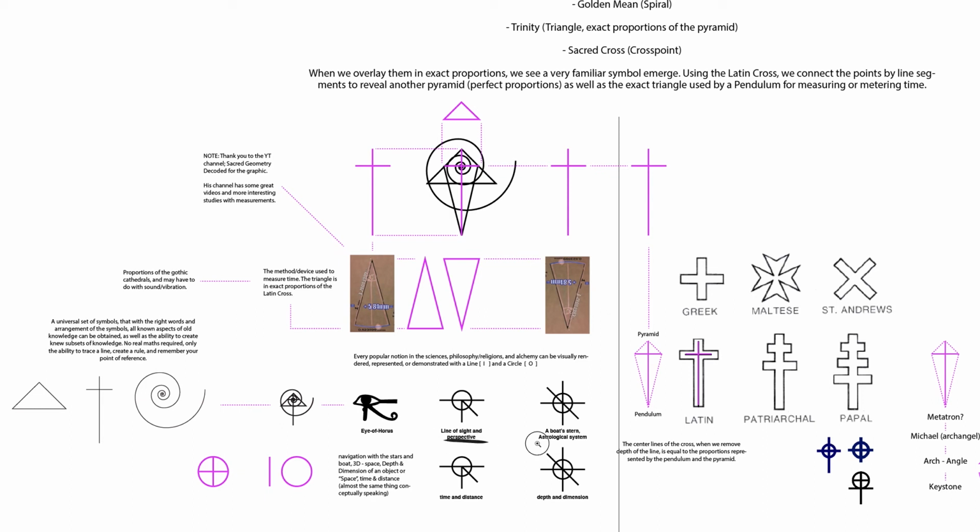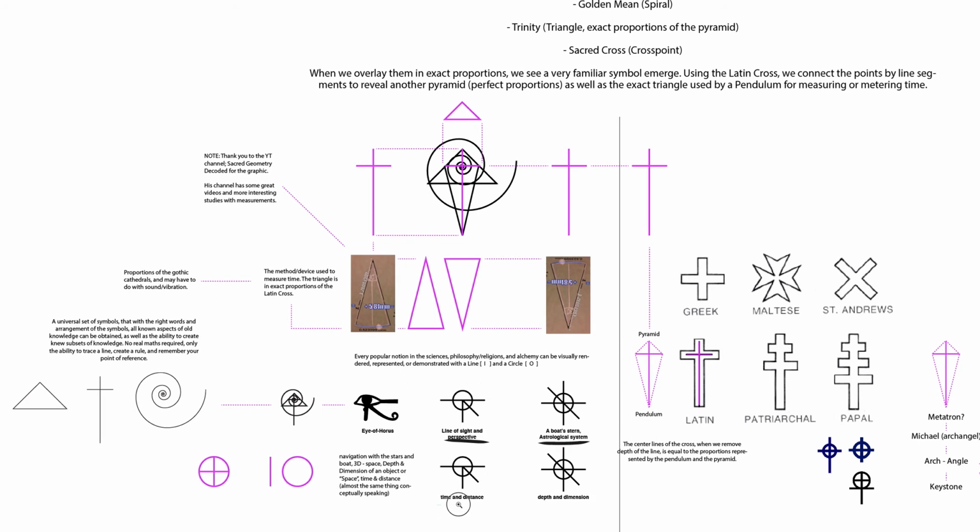We have a boat's stern, or the astrological system. We have time and distance, right? Clock hands, and depth and dimensions. And they're almost the same. So this is referencing a space, and then how we identify coordinates and depth and mass, and even something like the azimuth, how the sun is calculated in terms of distance.